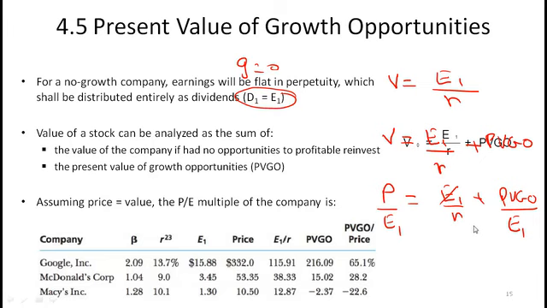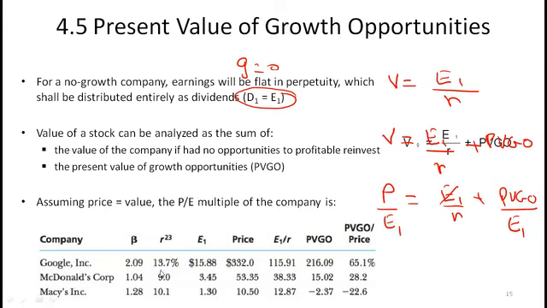So just simple mathematics. Now to give you a sense, a company like Google has a beta of 2, so that's risky, with a high required rate of return. This 23 is a footnote that talks about how they use CAPM.